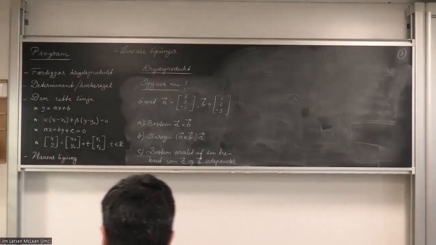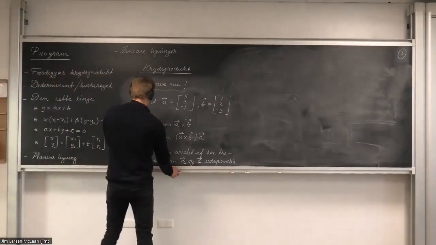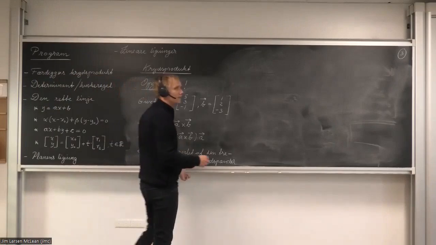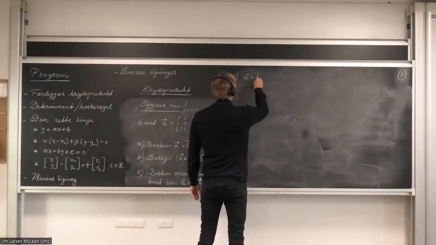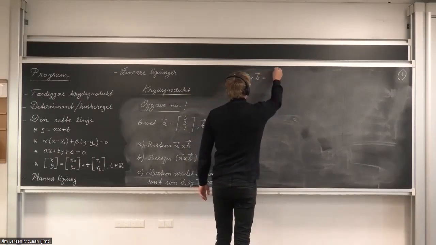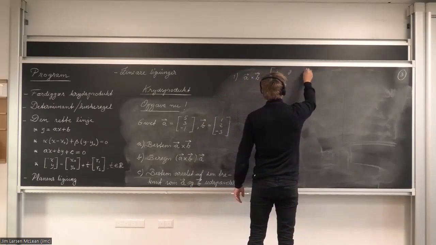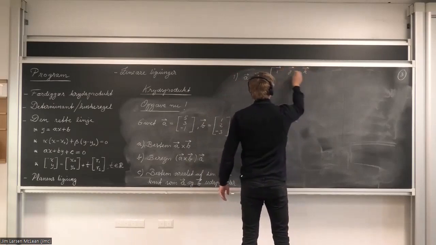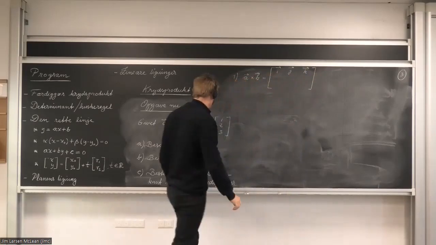Okay, let's take the task on the board. In the first question, we had to find the cross product between A and B. We use the memory rule. We write i, j, k, the basic unit vectors, then the first vector as the first row and the second vector as the second row.